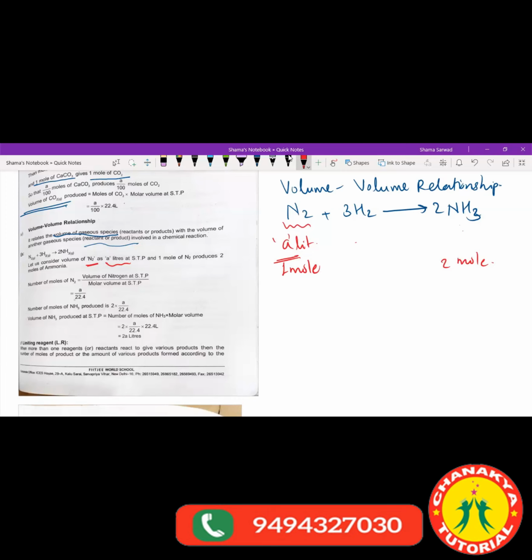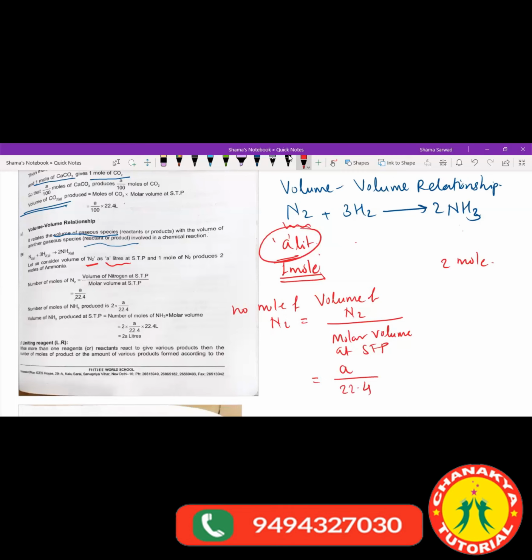See, what we know is that 1 mole of nitrogen has A liter volume, right? So the number of moles of N2 is equal to, how can you write, the given volume of nitrogen divided by molar volume at STP. Given volume of N2 is nothing but A, which we have assumed over here, upon molar volume at STP, which is 22.4 liter.